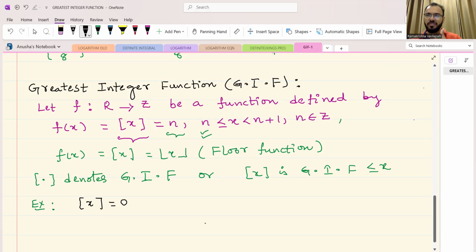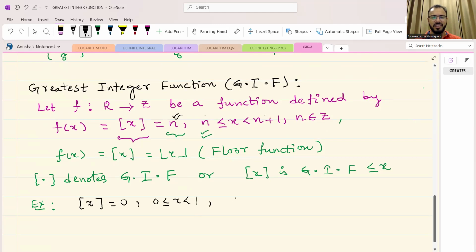What is the range of x? Right? See, here integral part of x equal to n, where x lies between n and n plus 1, n is included. Left one is included, right one is not at all included. So here n value is 0. So I just write 0 less than or equal to x less than 1. Simple.